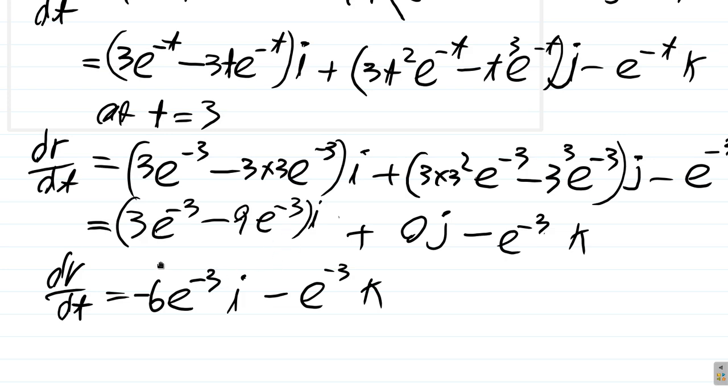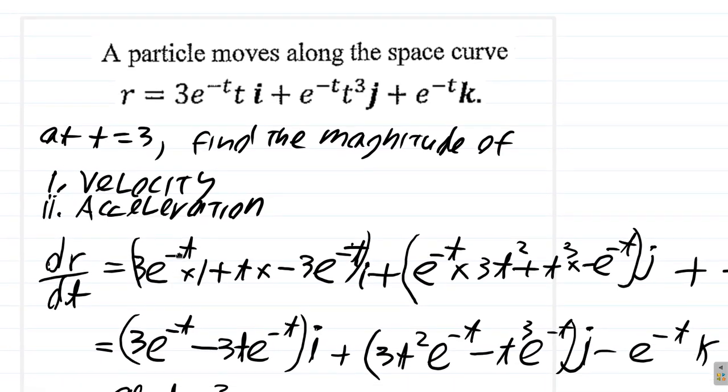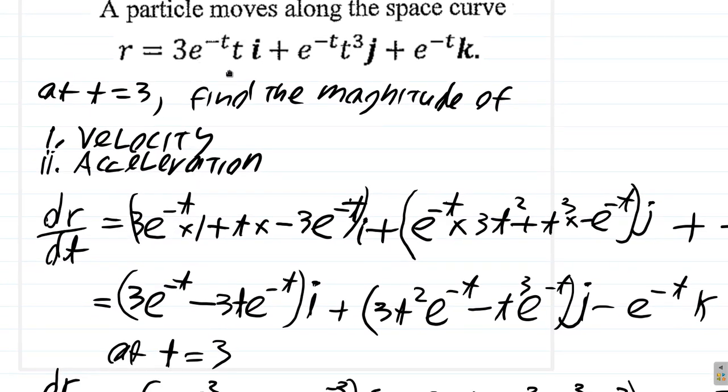Alright, so just to recap, you have the velocity, you differentiate: you hold 3e to the negative t multiplied by t, plus you hold t multiplied by the derivative of 3e to the negative t.